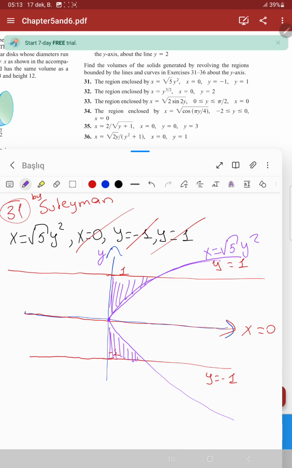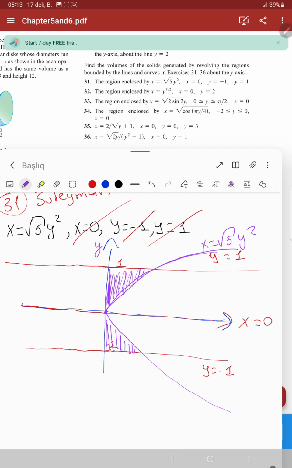Maybe I draw ugly, but you can use GeoGebra to see the exact graph. We have to find these areas. Perfect. How can we find it? We had a formula, I think. Again, we'll use radius.